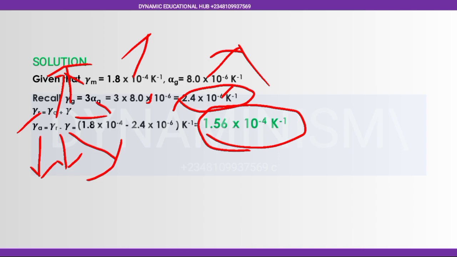Substitute the values: 1.8 times 10 raised to the power minus 4 minus 2.4 times 10 raised to the power minus 5. At the end of the day, you get what we have here. Just change the index to minus 5.